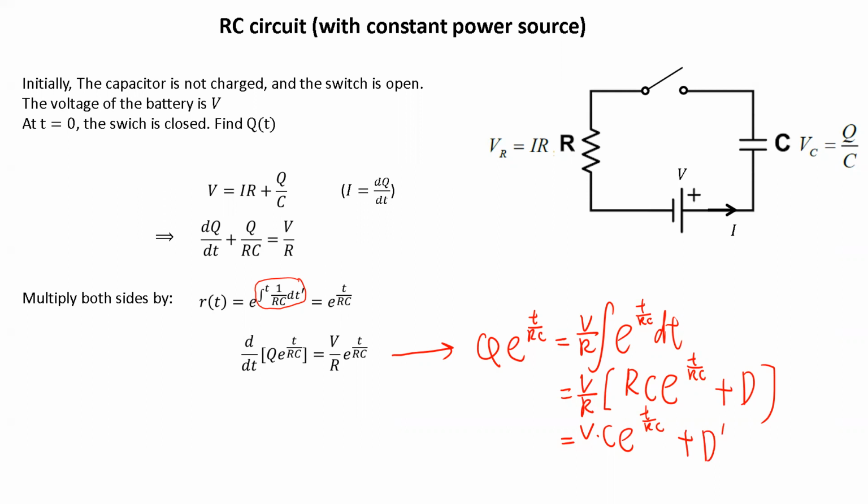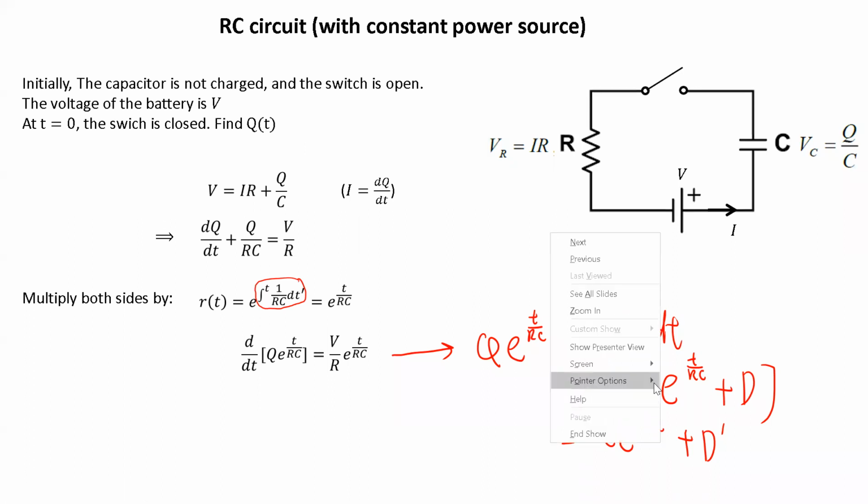Now D prime is the unknown constant in this problem. How do we determine D prime? D prime is determined by the condition that when t is 0, Q is 0.